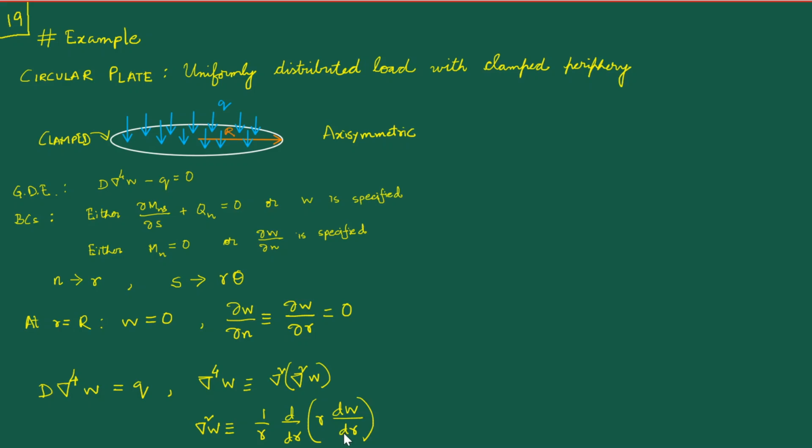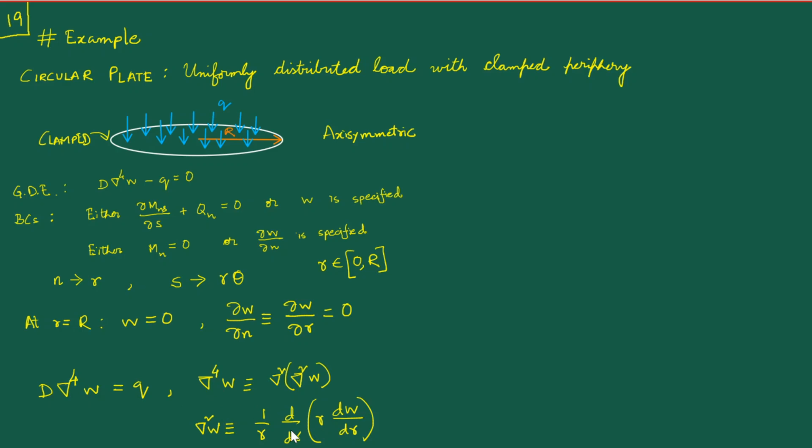And what is the domain of this r? This r is going from 0 to capital R. So we have our governing equation in terms of the derivatives of r.